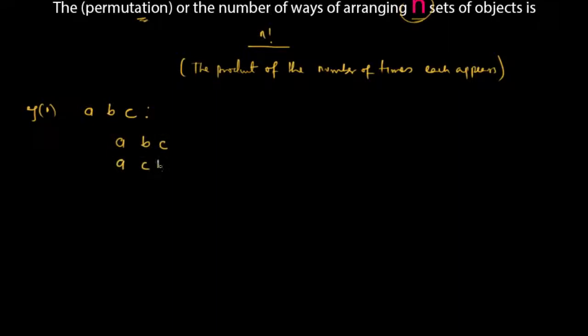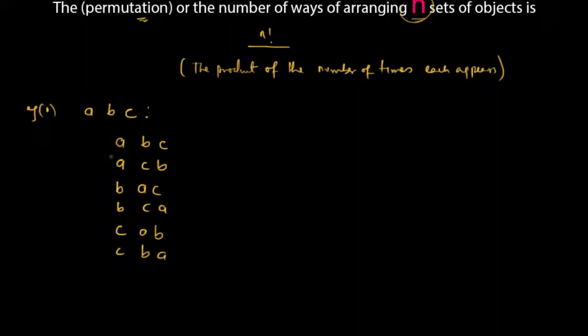Then A, C, B. Then the next is when B is first: B, A, C, and then B, C, A. And also when C starts, you have C, A, B, and then C, B, A.